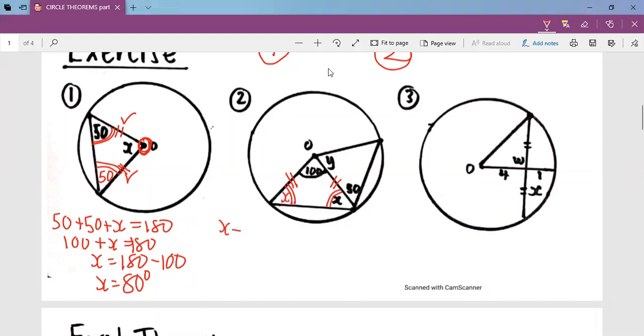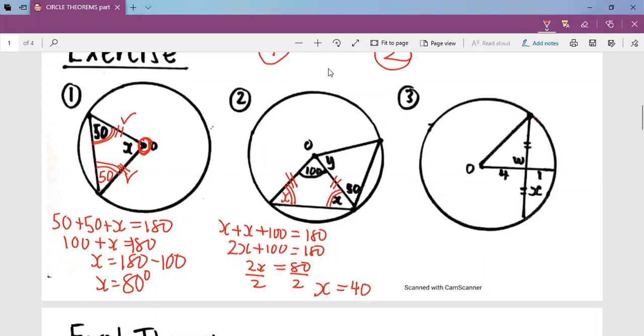Therefore, x plus x plus 100 is equal to 180 because it is a triangle and the angle sum of a triangle is 180. Then x plus x, I'll get 2x. So 2x is equal to 180 minus 100, which is 80. Then I divide by 2, I get the value of x as 40 degrees.